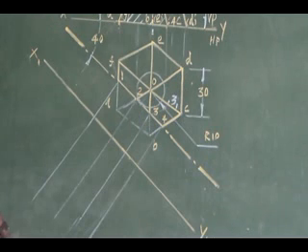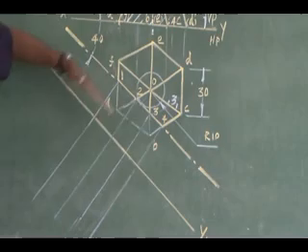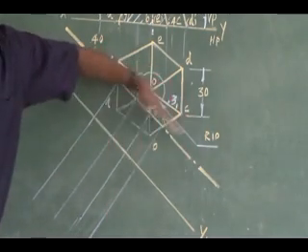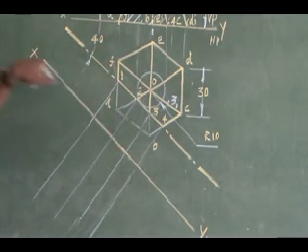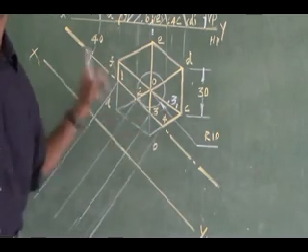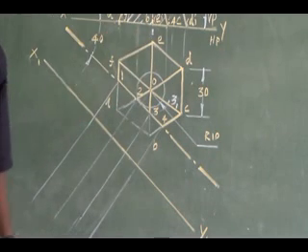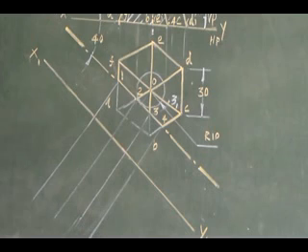Listen, all of you. To draw the true shape using the reference line procedure, you draw a new reference line parallel to the cutting plane, and you extend projectors perpendicular to the new reference line from all your cutting points. That is 4 cutting points. You extend 4 projectors perpendicular to the new reference line x1, y1.